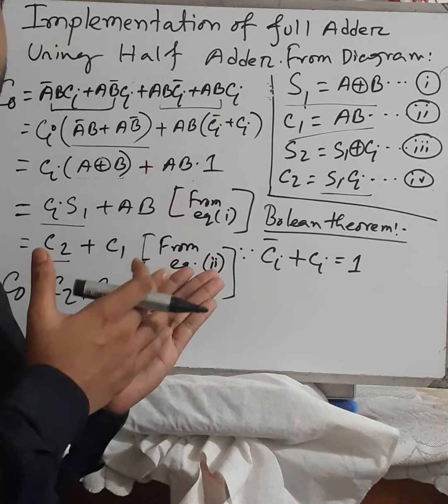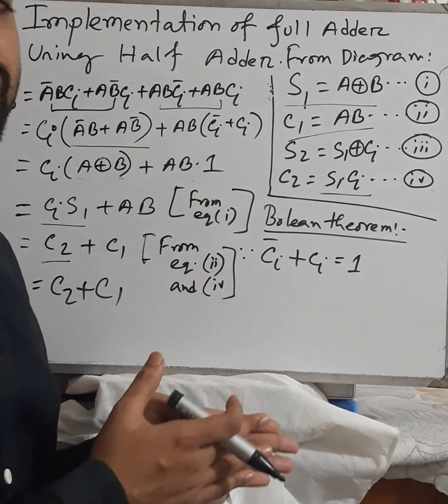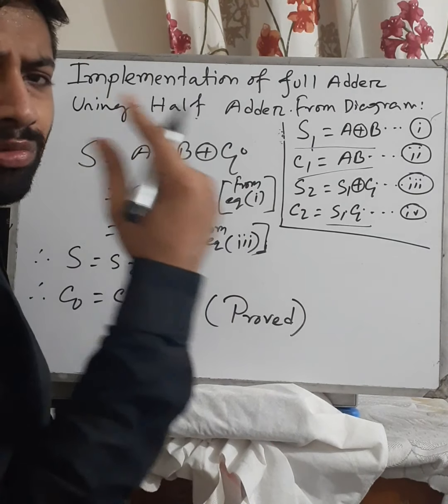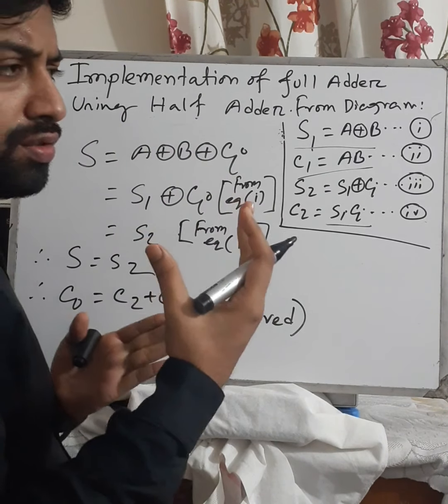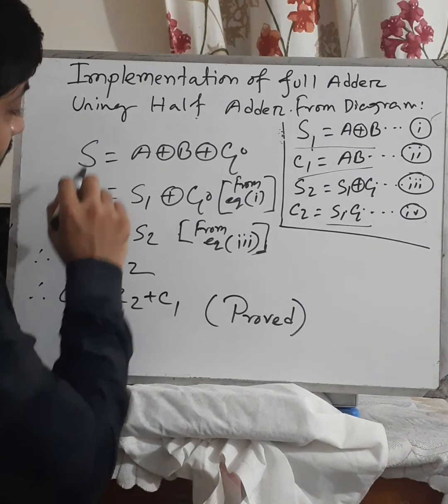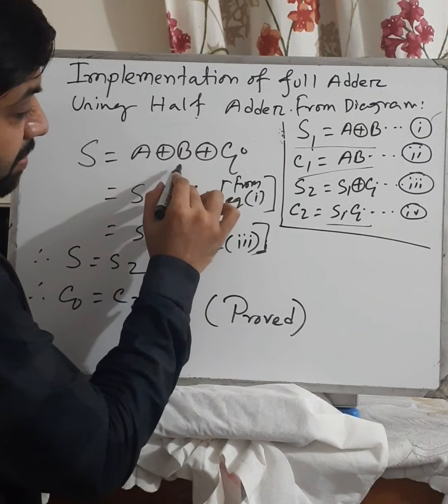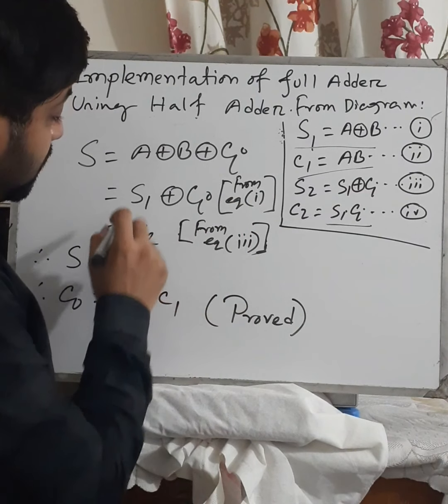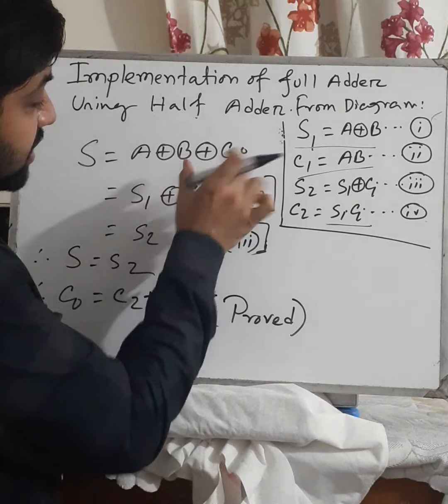So now I am going to prove the sum portion. From my last part, I have only one thing left to finish my lecture, the sum equation. S equals A exclusive-OR B exclusive-OR Ci.